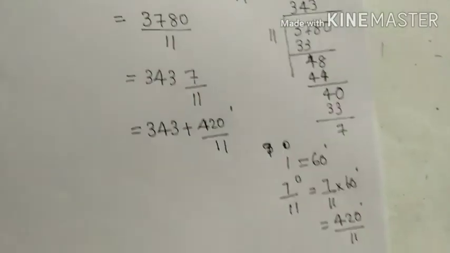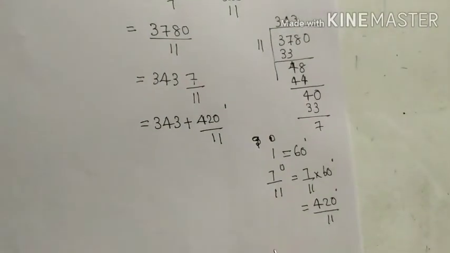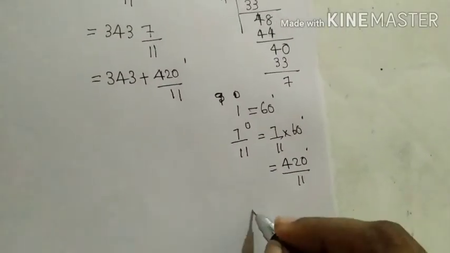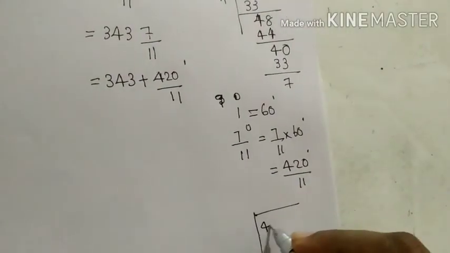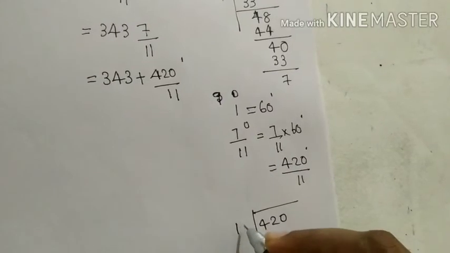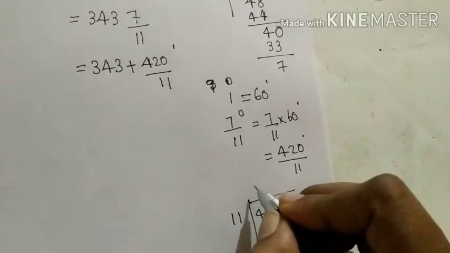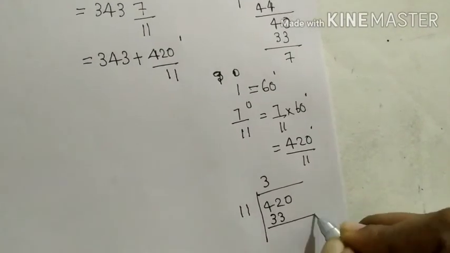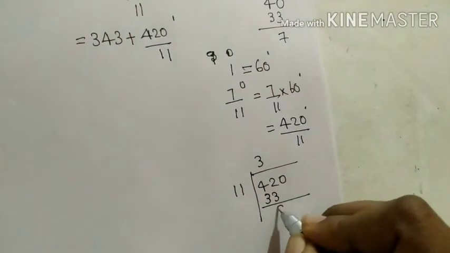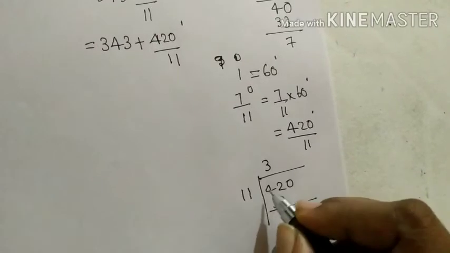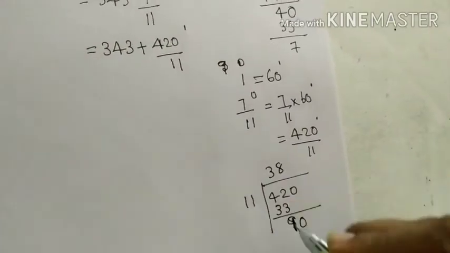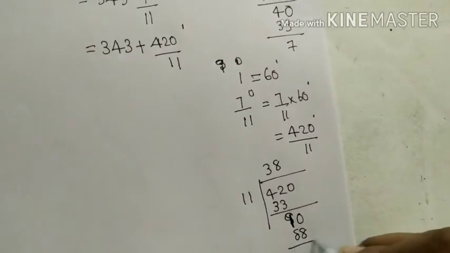Okay, and next I am going to divide this 420 by 11. So here we get 3 into 11 is 33, and we get 90 here, and 8 into 11 is 88, here we get 2.